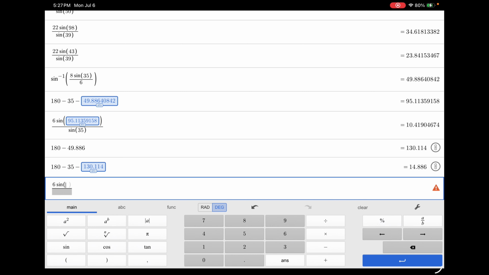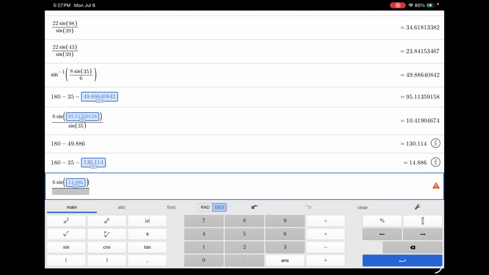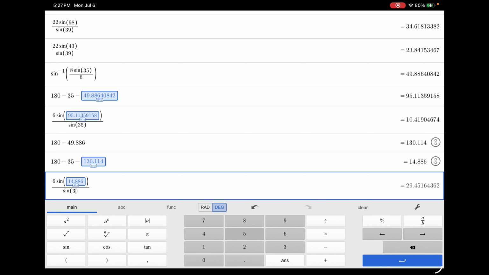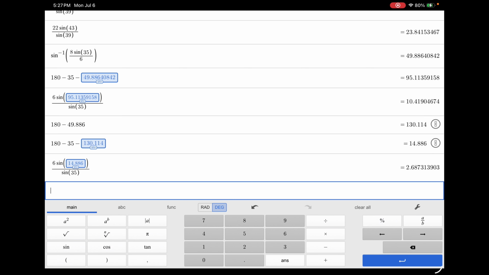Six sine previous answer over sine 35. 2.687.